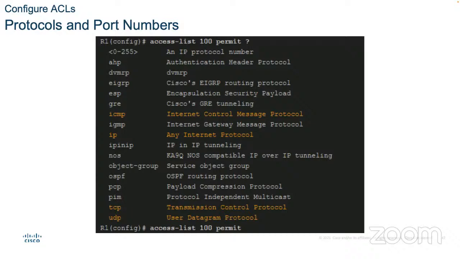You could even, instead of using the IP protocol name, use a number. Oh, sorry. ICMP is 1, TCP is 6, UDP is 17, and there's 255 to pick from.